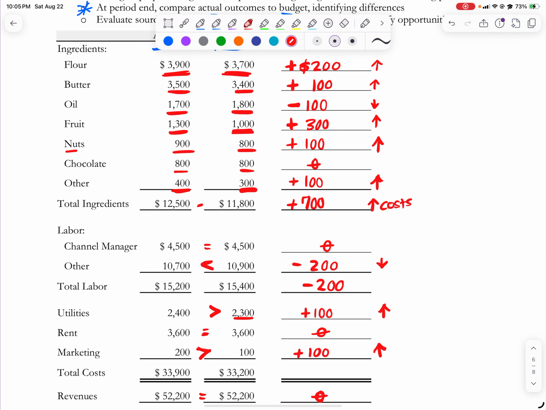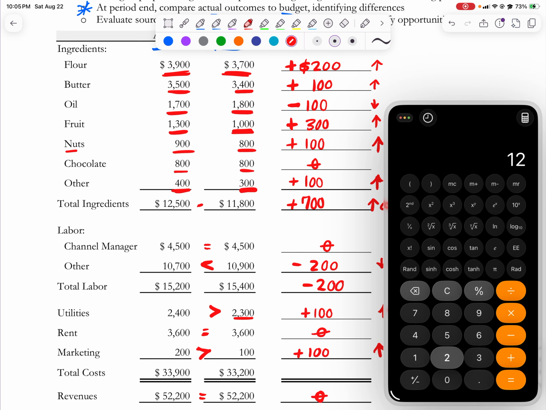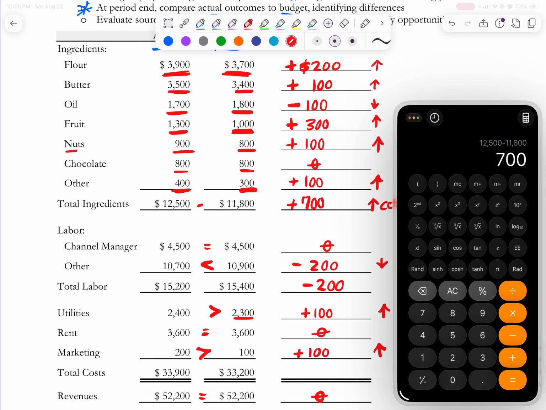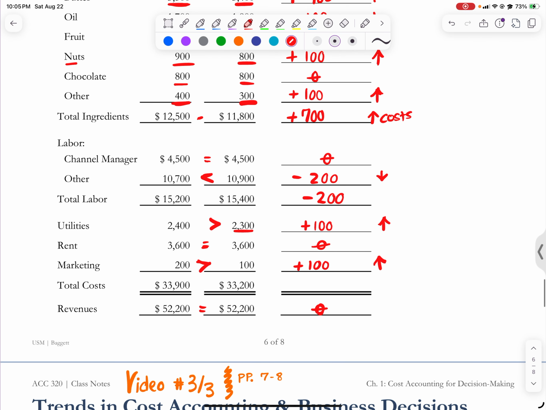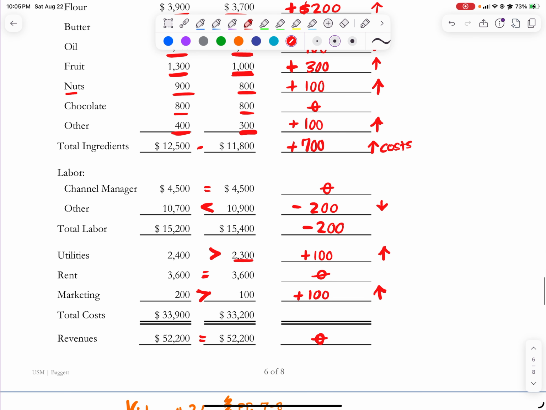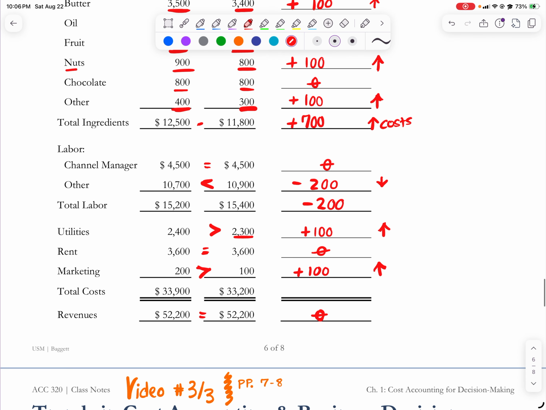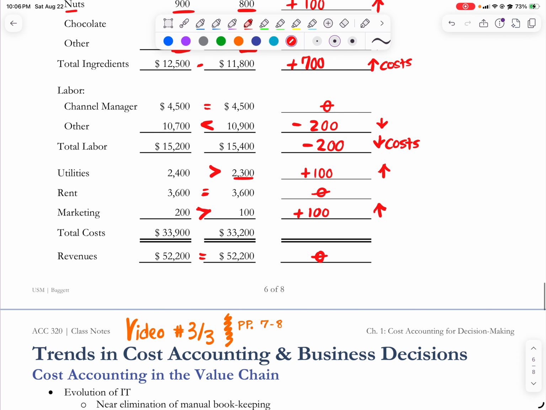I could have also got that by looking at 12,500 minus 11,800. Also 700 positive, or $700 in higher cost. For labor, I had $200 and my costs were $200 lower than expected.